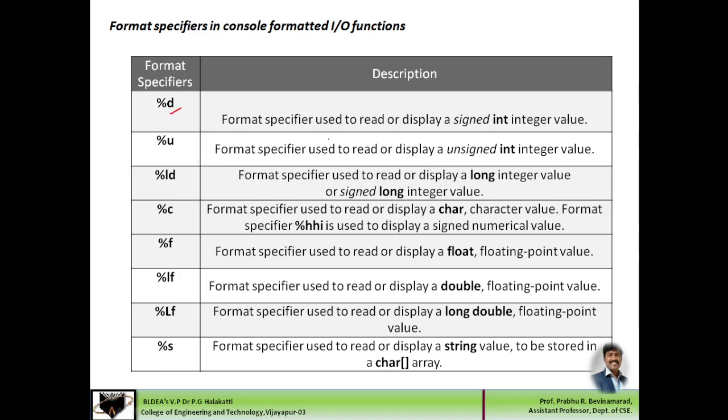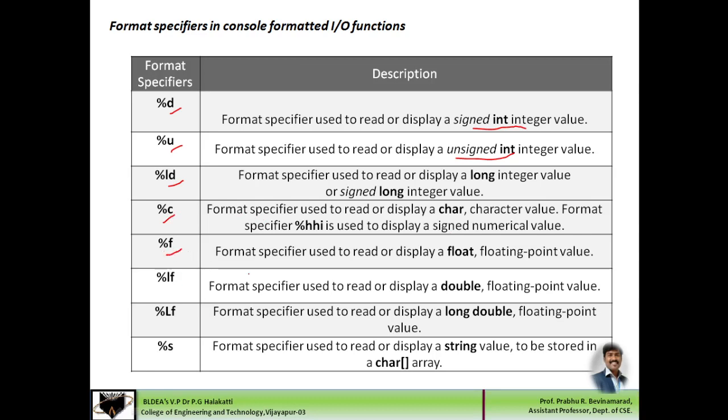Here %d will be used to read an integer value from the keyboard and to display an integer value on the screen. %u stands for unsigned integer. %ld is used to read and display long integer values. %c is used for reading and displaying a character on the screen.